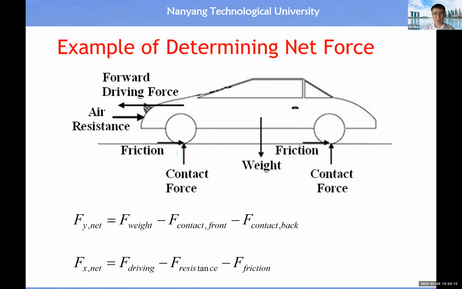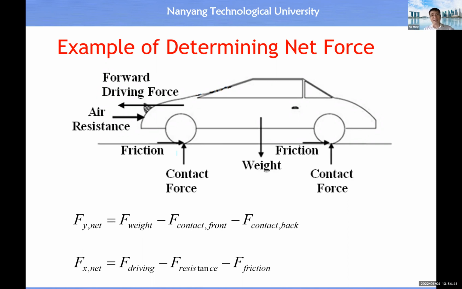So we can talk about the free body diagram. In the vertical direction, we have the weight of this vehicle and a contact force, and because there's no acceleration in the vertical direction, the sum of the forces should be equal to 0. So the net force in the y direction should be equal to 0.